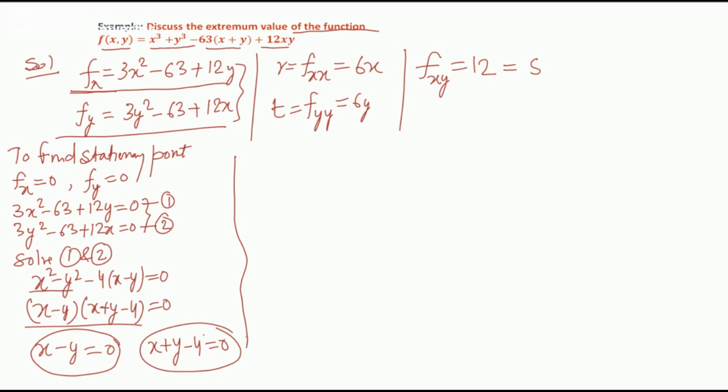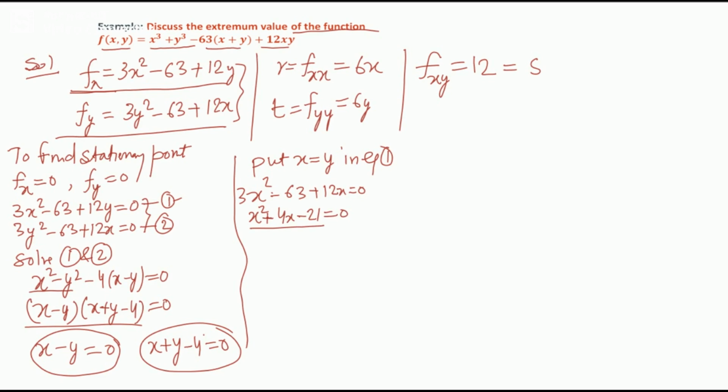Now first we put x equal to y in equation 1. So if we take 3 as common, we get 3x square minus 63 plus 12x is equal to 0, or on simplifying we get x square plus 4x minus 21 is equal to 0.